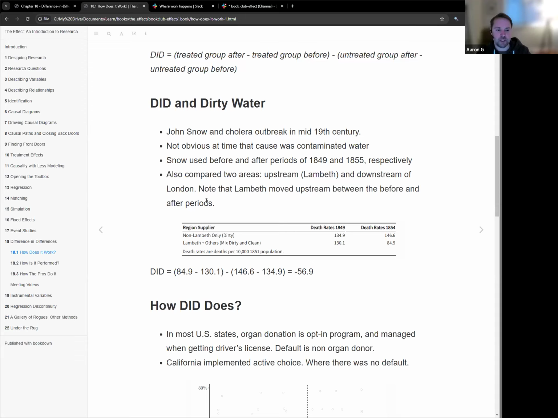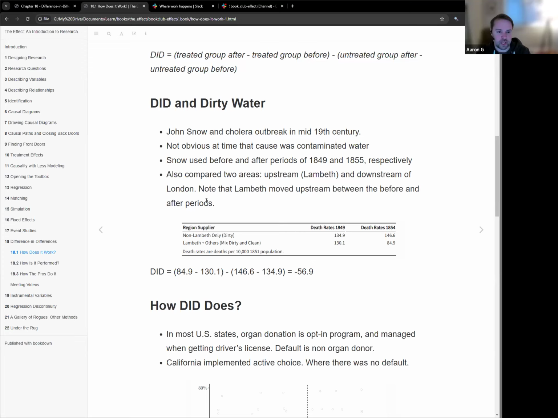Upstream means upstream of London, which is where we know now, after the fact, a lot of the contaminated water was entering. And so what we're doing here is taking the difference before and after between the Lambeth company or servicer versus the non-Lambeth service areas.